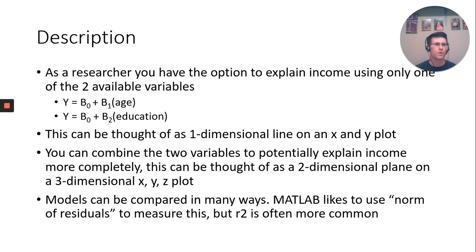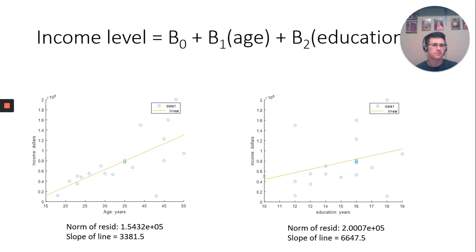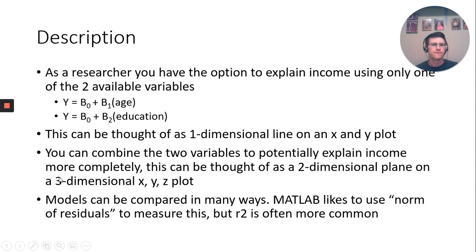They can be thought of as a one-dimensional line on a 2D plot. So if we go back one, you have your one-dimensional line on a 2D plot, x and y, okay? Fairly simple. But you can actually combine the two variables, potentially because maybe your outcome, the income, is not solely explained by age or solely explained by education, but it's explained by a combination of the two.